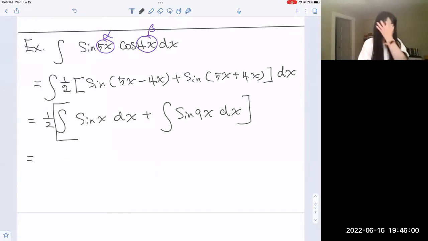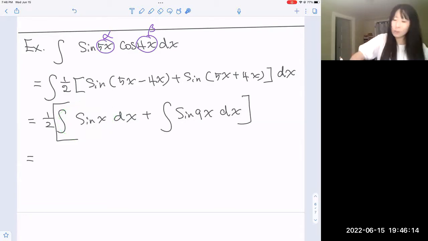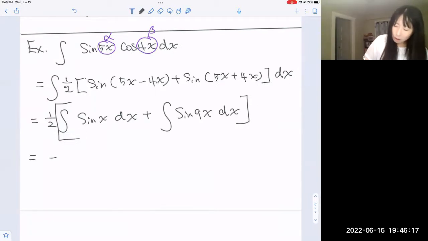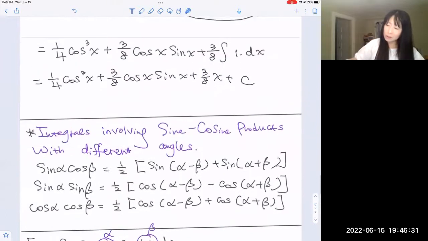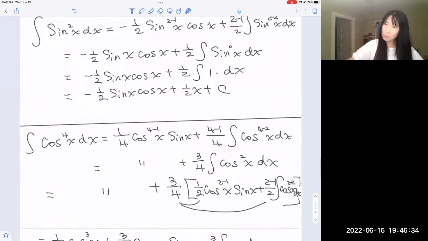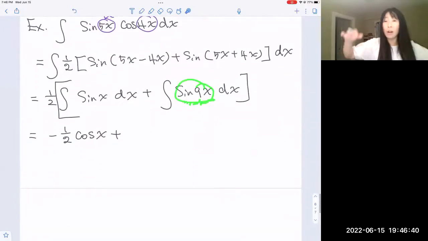Okay, now we integrate sine x, very easy. Antiderivative of sine x, what do you get? Negative cosine x. So we have 1/2 times negative cosine x. Now the antiderivative of sine 9x: we get cosine 9x, times 1 over 9.